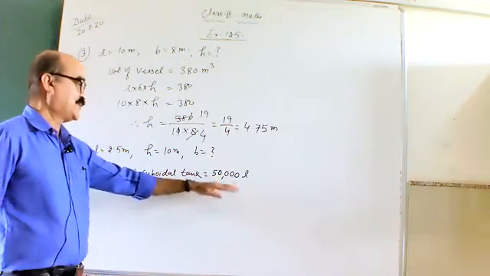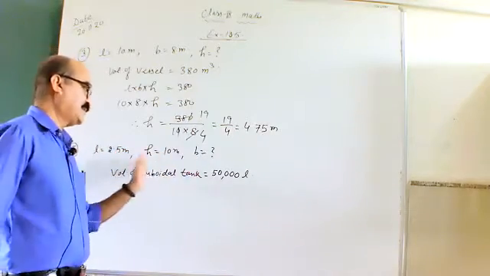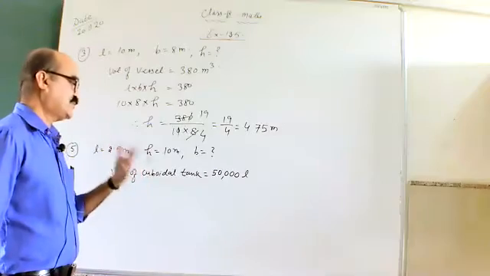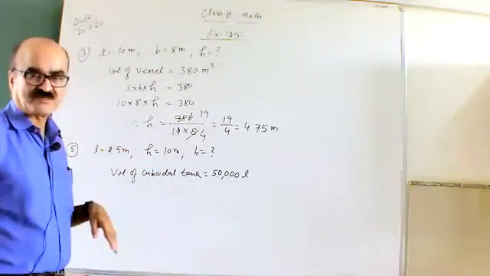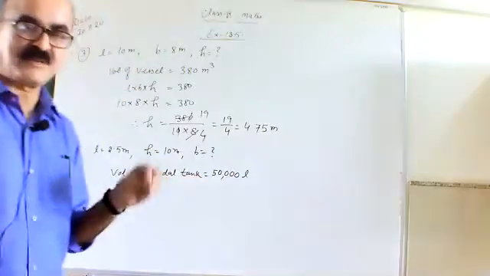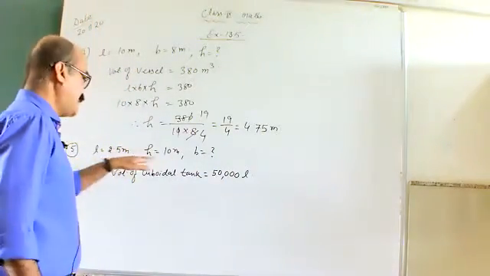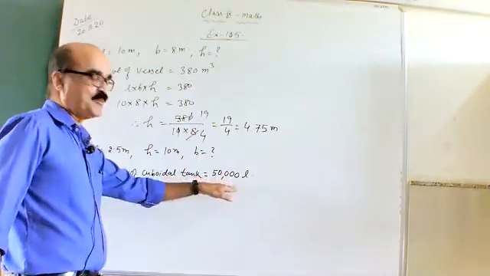Because a liter and meter combination will be incorrect. Whenever we try to find anything in mensuration, all the measurements or parameters must be in the same unit. This is in meters, this is in meters, so this must be in meters. So it is better to convert liters into meter cube.